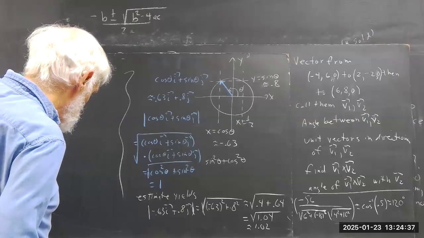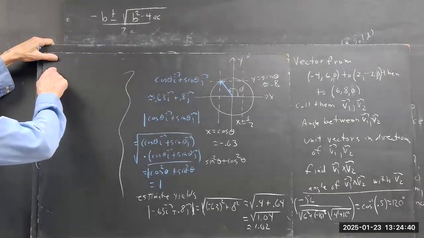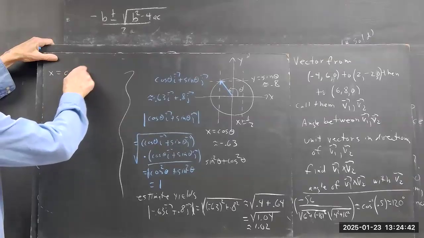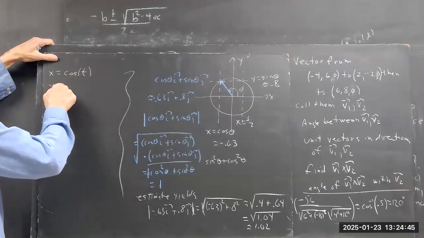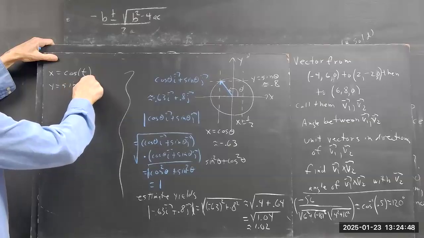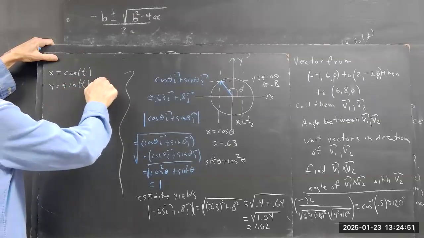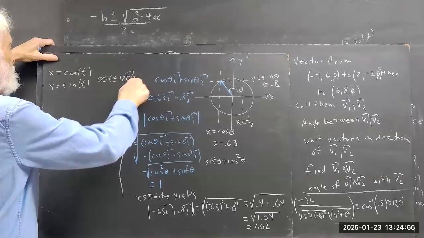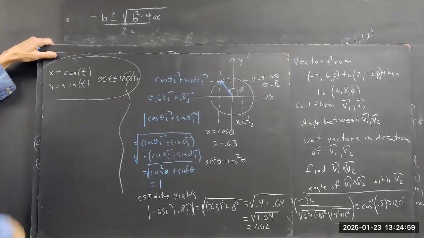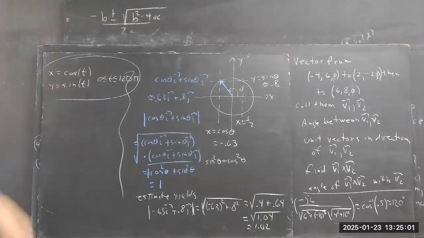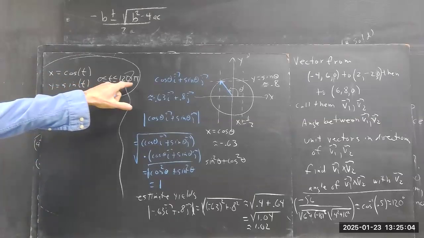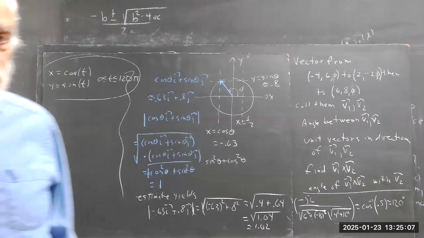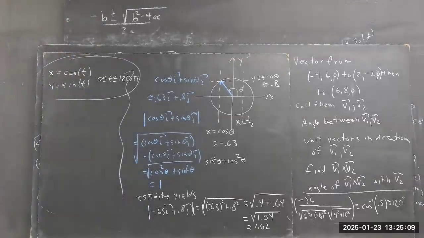The first set of parametric equations I want to give you is x equals cosine t, y equals sine t. T goes from 0 to 120 pi. So what's the graph of this system of parametric equations?